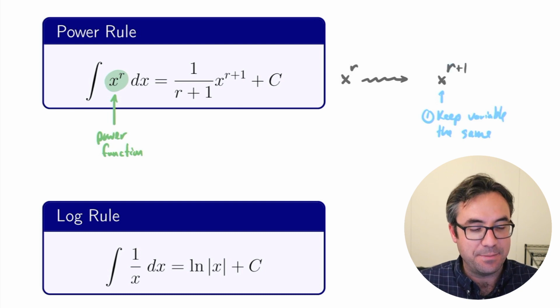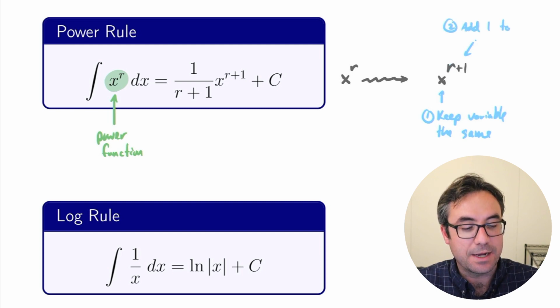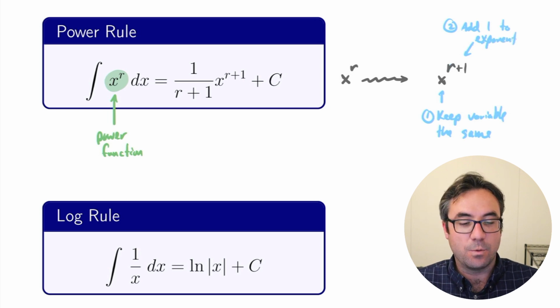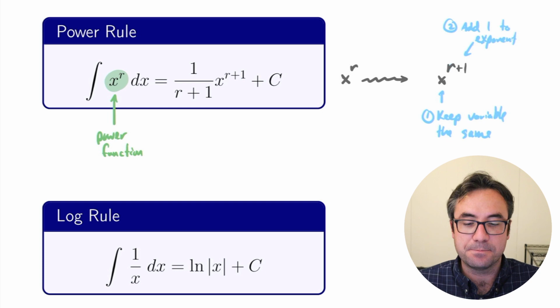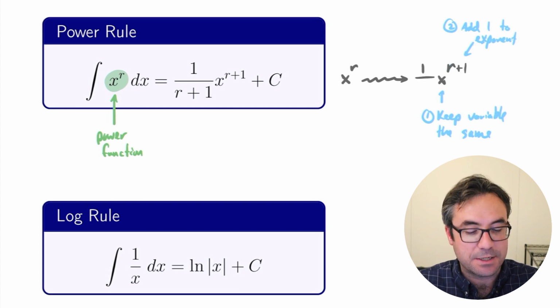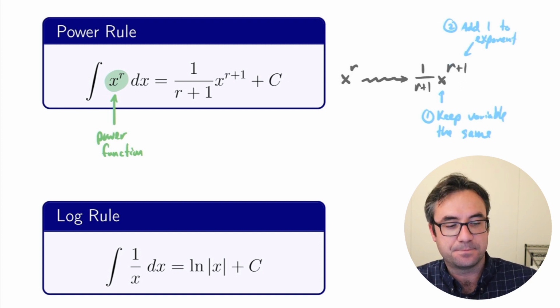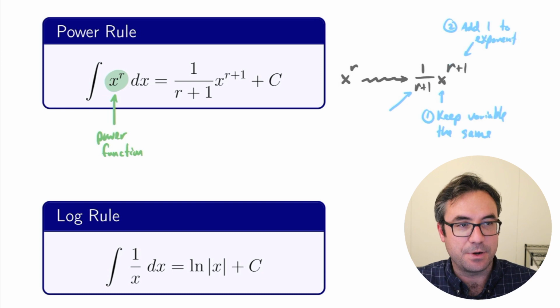So the second step is add 1 to our exponent. All right, so then once we have this new exponent, the last thing we're going to do for our power rule is take that new exponent, flip it, and put it in front. That's step 3.